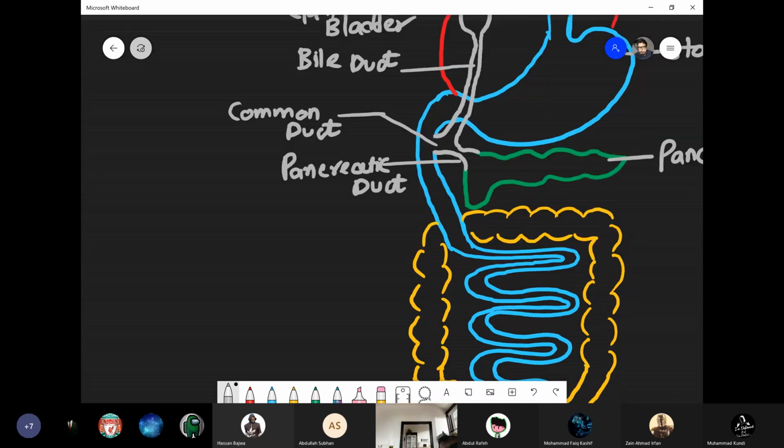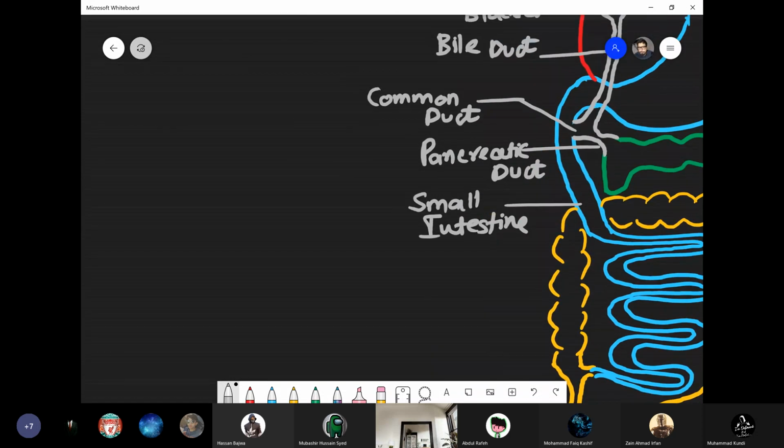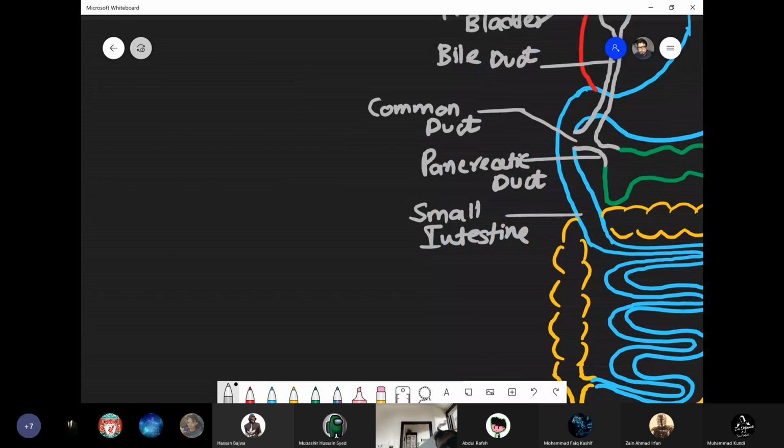Then, boys, this over here is the small intestine. Now, for our understanding, the small intestine is divided into three parts.